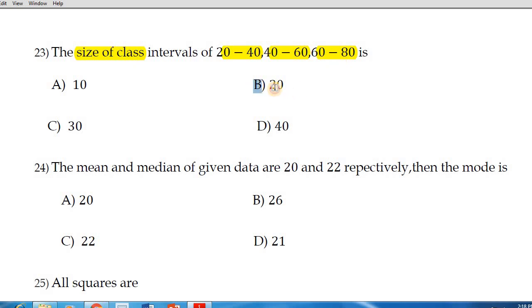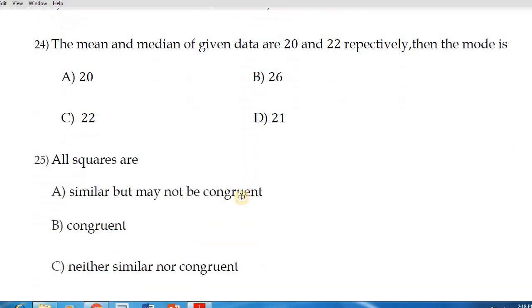So 20, option B is correct. Children, don't confuse the size of the class and the class mark. Class mark is nothing but the midpoint. To find the midpoint or class mark, we have a formula, upper limit plus lower limit by 2. Don't confuse the size of the class and the class mark. Be careful about that. Next question.